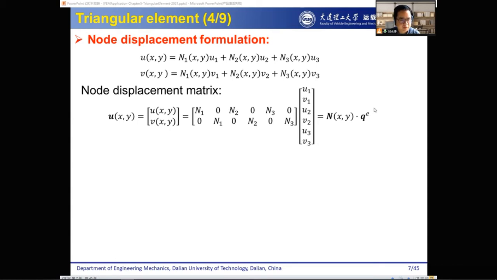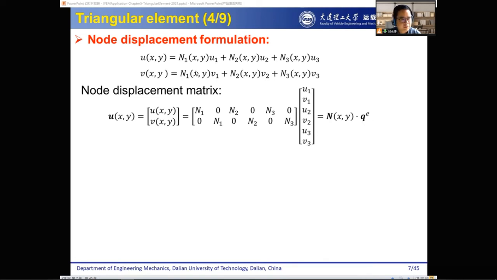The only difference is that for different elements the shape function matrix and the node vector are different, but it is always the shape function times the node displacement vector.